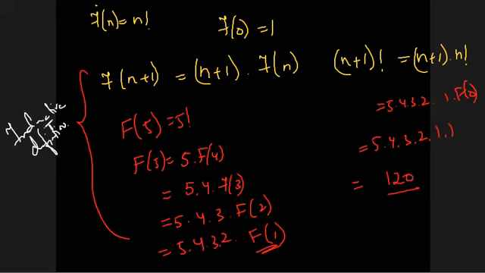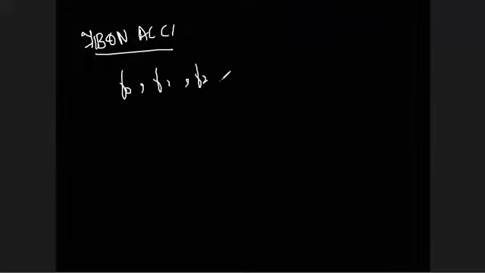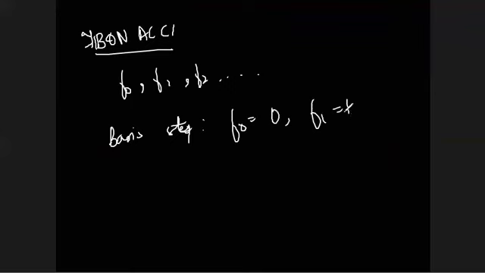So recursively defined functions are well defined, and another example which we have already seen is the example of Fibonacci numbers. Fibonacci numbers are defined as f0, f1, f2 and so on, and for the basis step we have two elements defined: f(0) is equal to 0 and f(1) is equal to 1.